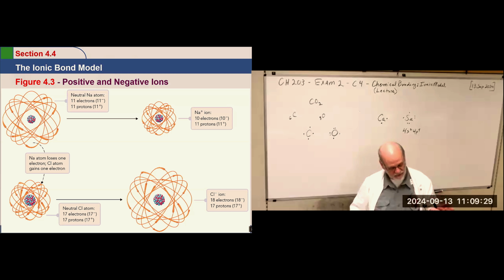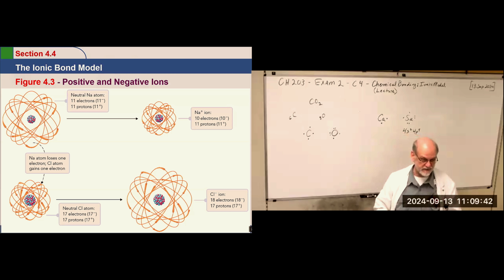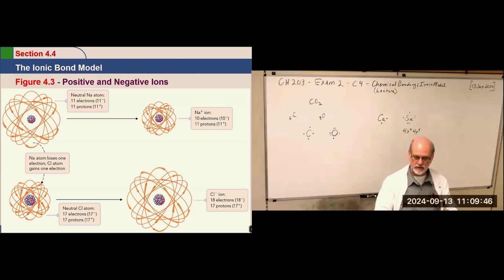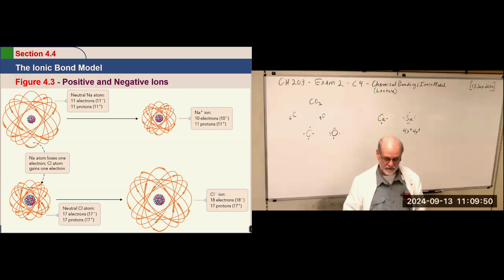But when we add that extra electron to chlorine, it balloons and the sodium shrinks, because the size is the outer limit of the electron cloud. And that's really kind of nebulous. It depends on what type of test you run, who you talk to, as to what size they are. But as a general rule, when you form an anion, it gets bigger. When you form a cation, it shrinks.